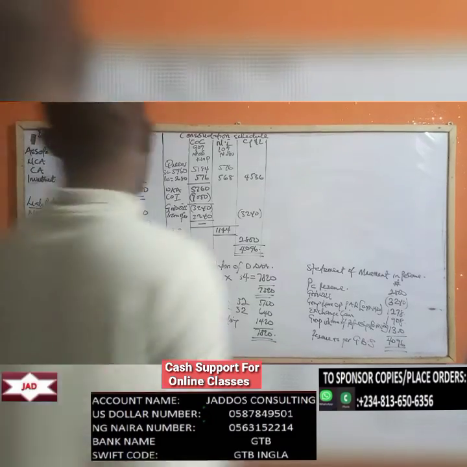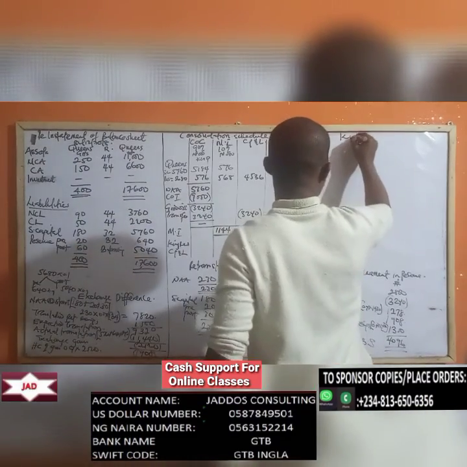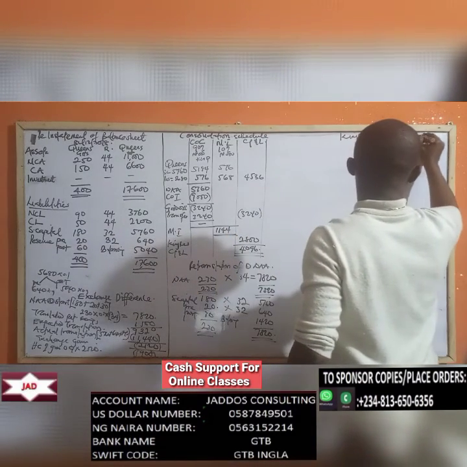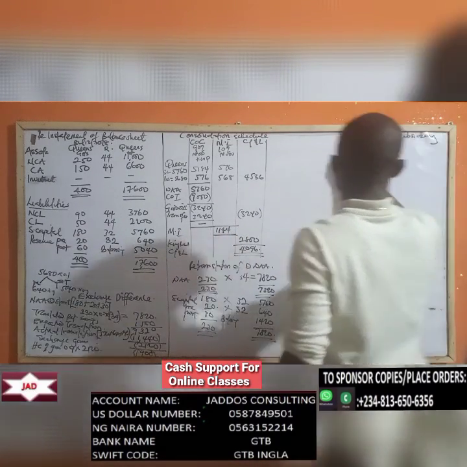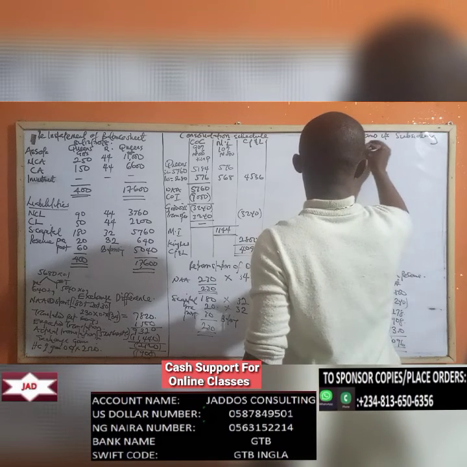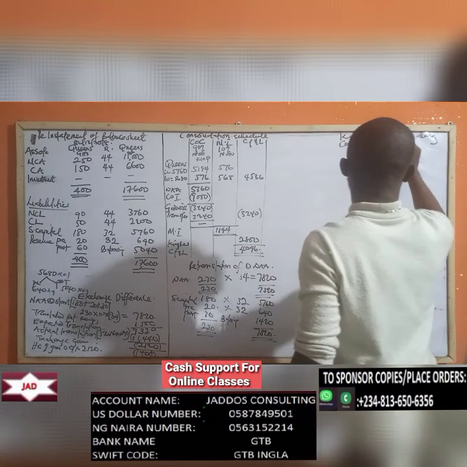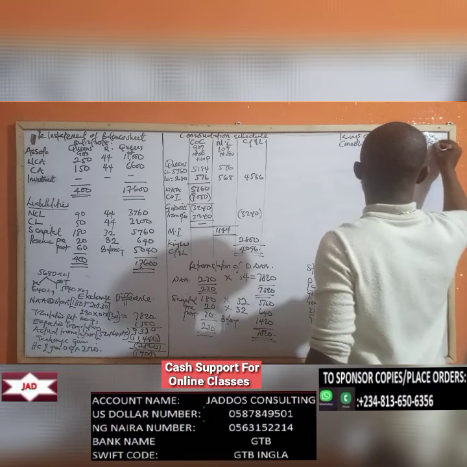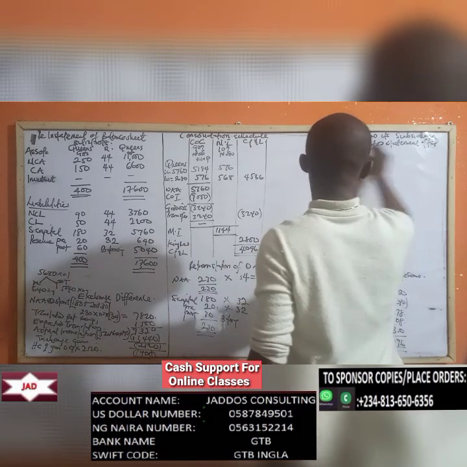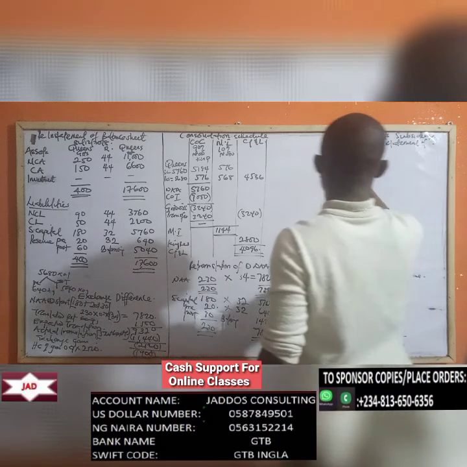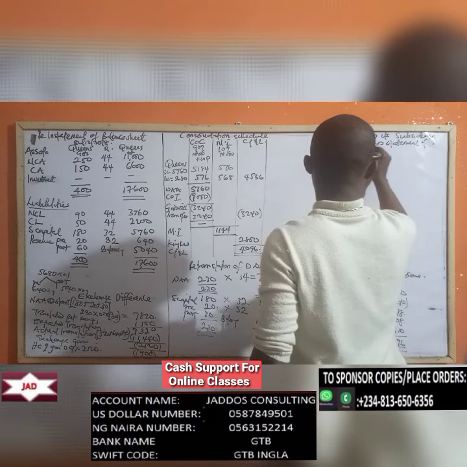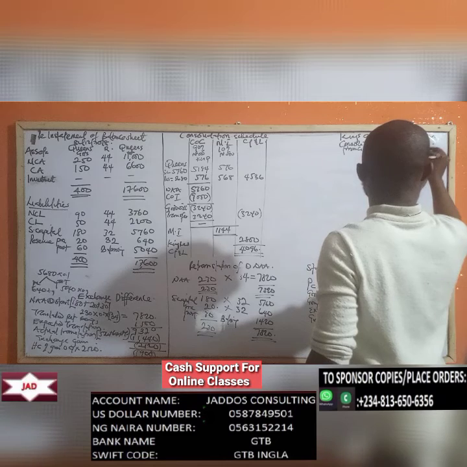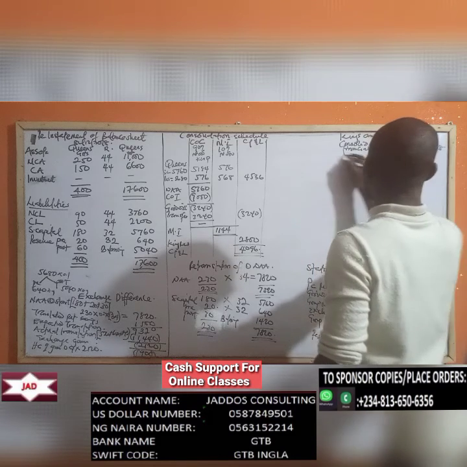So we say Kings and its subsidiary, consolidated statements of financial position as at 1st December 2018.